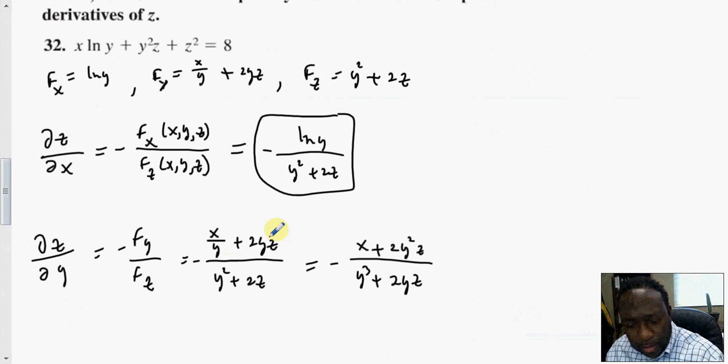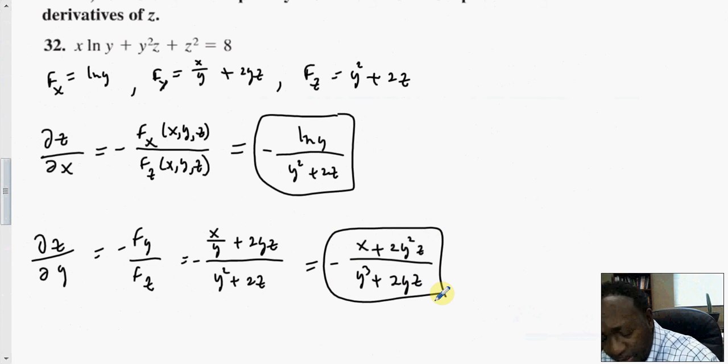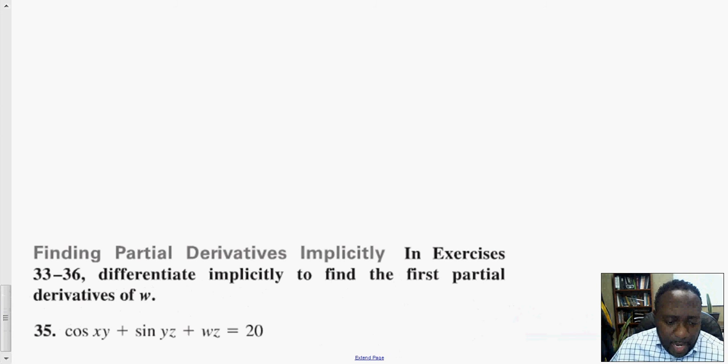You combine these two fractions, that becomes x over y plus 2yz times y over y. So that becomes x plus 2y squared z over y divided by y squared plus 2z, which becomes the y times your denominator. So you get y cubed plus the 2yz. And don't forget the negative out in the front. Well, it doesn't matter how they expand it.